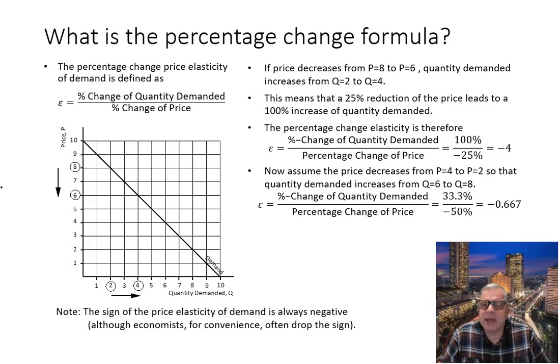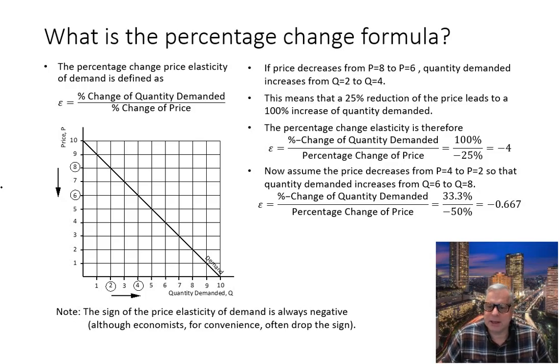Now if we apply the formula, a decrease in price from 8 to 6 with quantity demanded increasing from 2 to 4 means that a 25% reduction of the price leads to a 100% increase, the doubling, of quantity demanded.